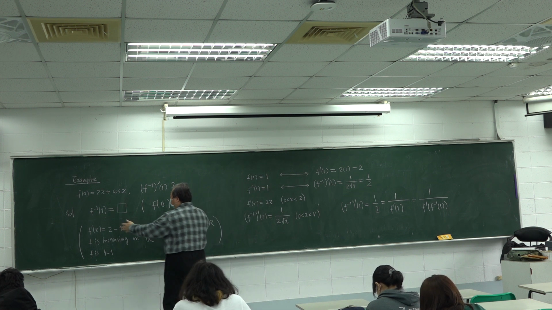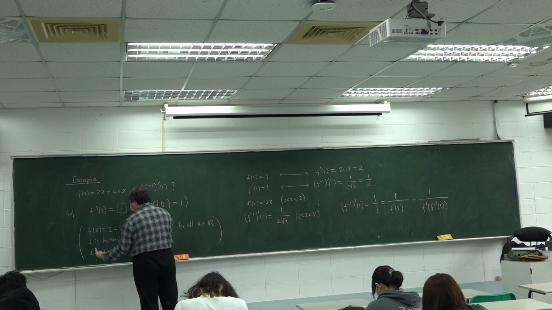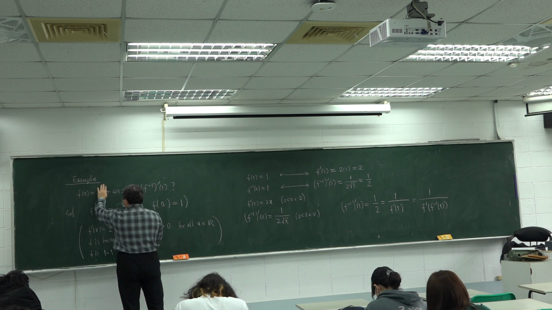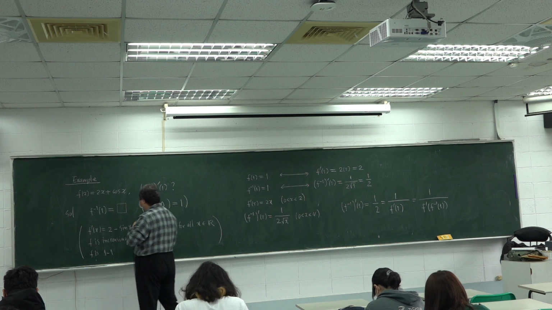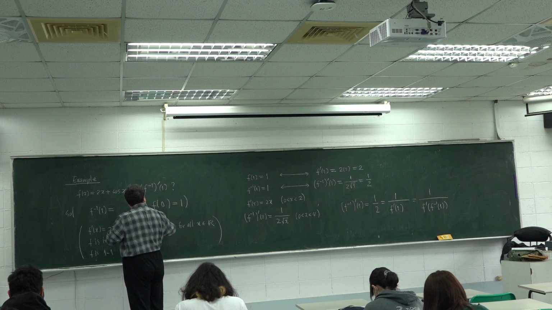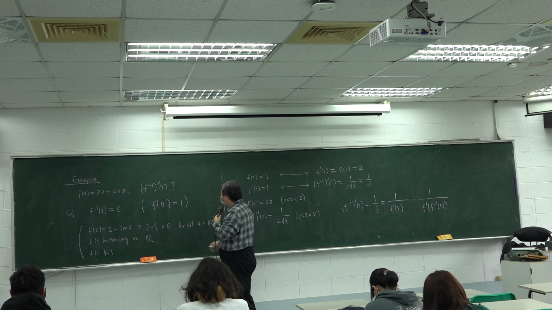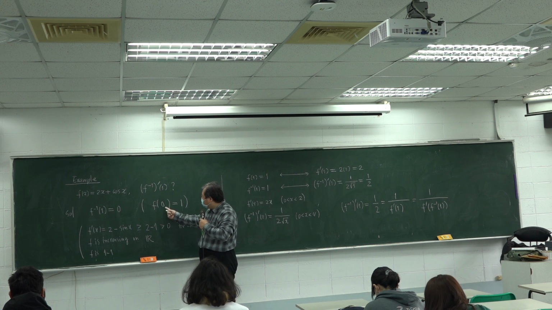Okay, so by inspection, if we want to find where the value of this function is 1, it should be 0. Cosine 0 is 1. Since f of 0 is 1, f inverse of 1 is 0. So in order to obtain this one, we need to find the derivative of f at 0.